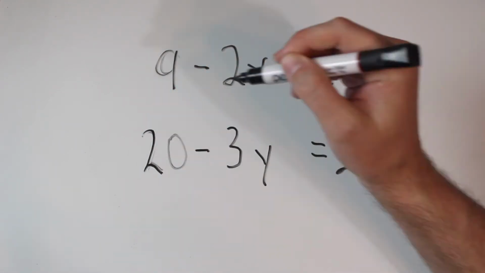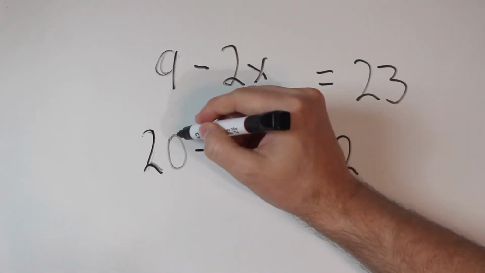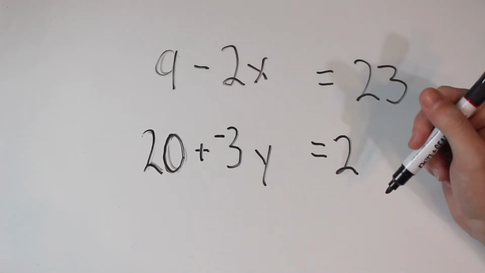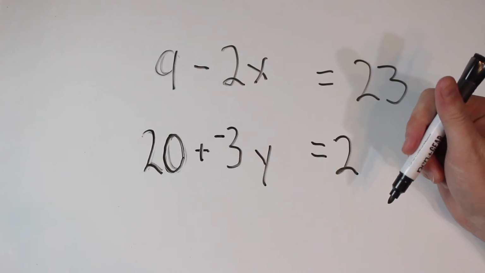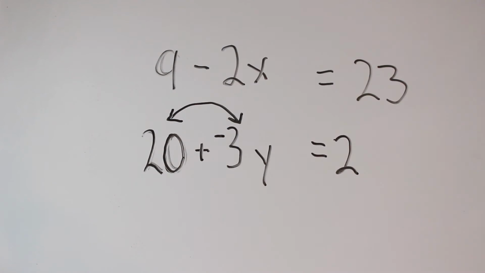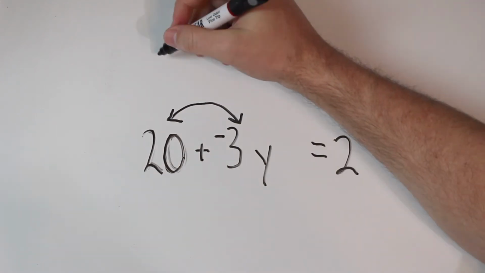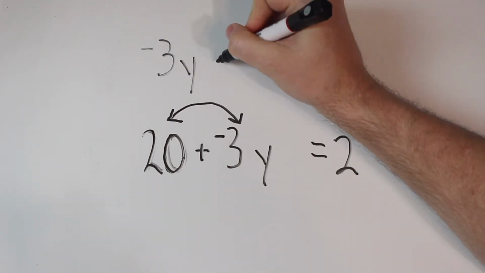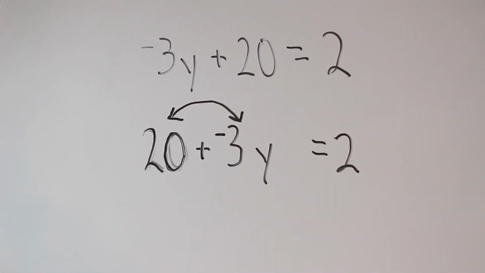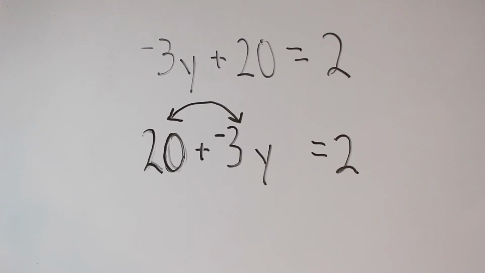So let's think about our new problem. What if, instead of writing it as 20 minus 3y, we wrote it as 20 plus negative 3y? Then the 20 and the negative 3y can switch sides using that commutative property. And we're ready to begin the problem. Don't forget that the commutative property only works with addition.